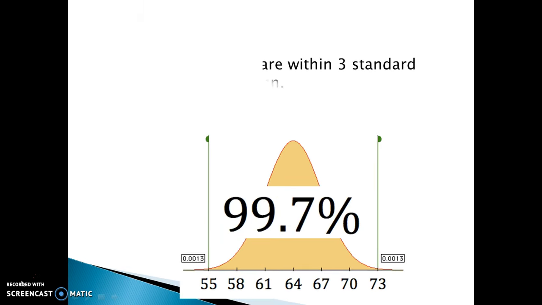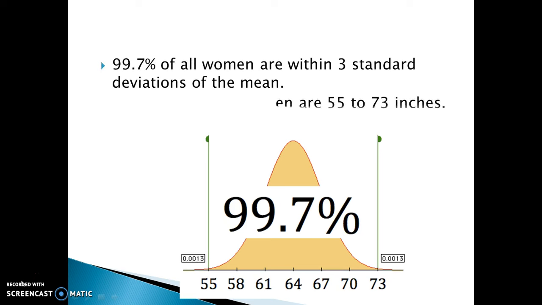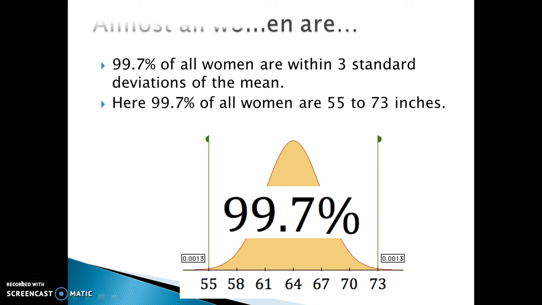Finally, within 3 standard deviations away from the mean, you will be able to find 99.7% of your data, as long as your data follows a normal distribution. Knowing these percentages, we can make predictions as to how much of your data set will fall between 2 numbers.